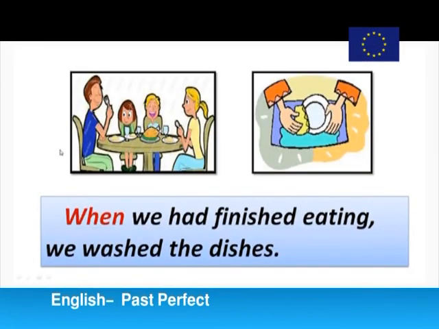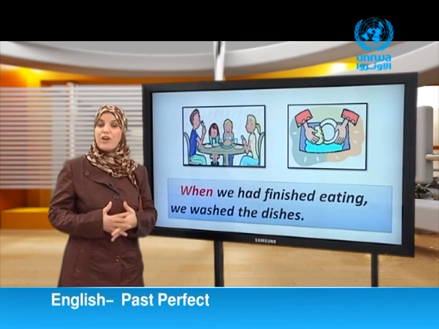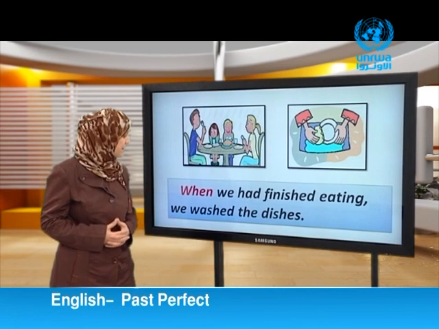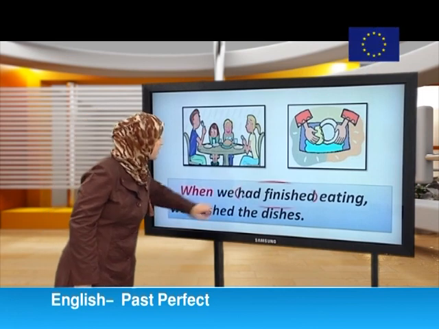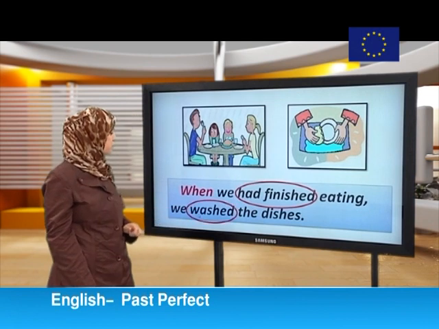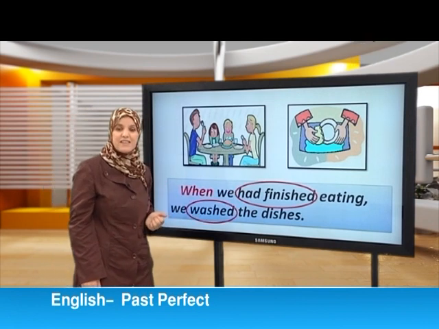And let's look at these pictures and read the example. When we had finished eating, we washed the dishes. Where are the verbs in this sentence? Great. The first verb is had finished, and the second one is washed. What tense is this?